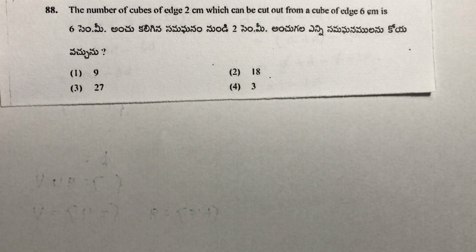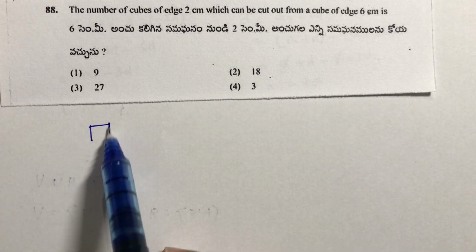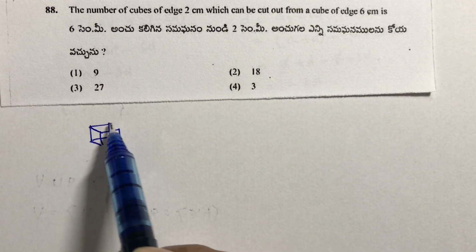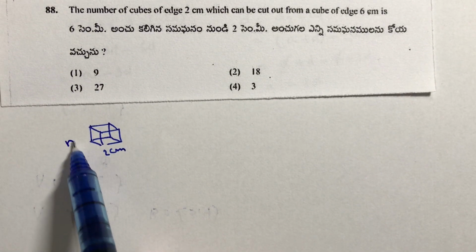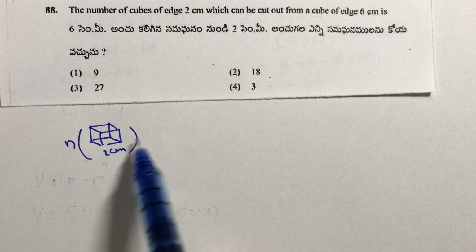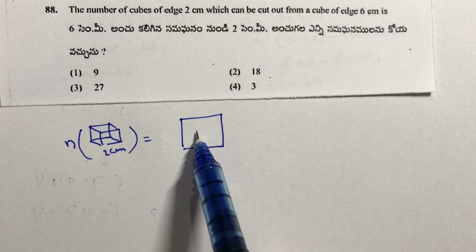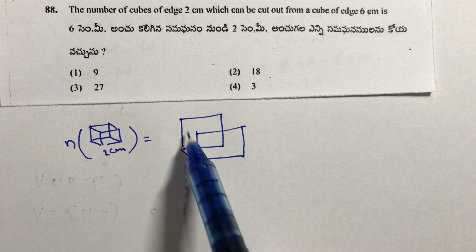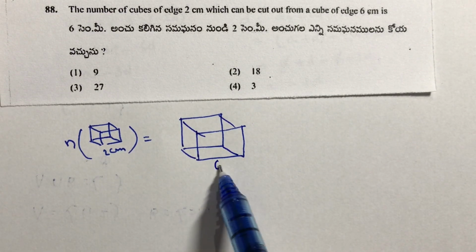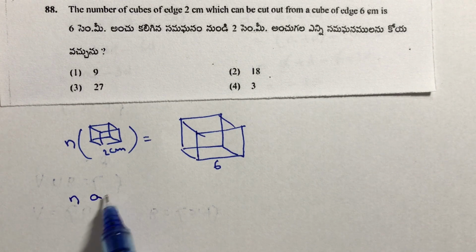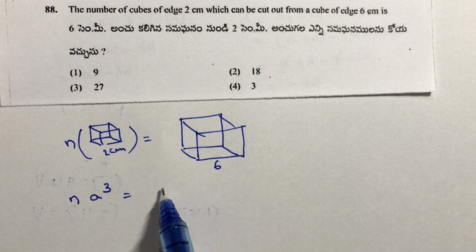The number of cubes of edge 2 centimeters that can be cut out from a cube of edge 6 centimeters. So here the volume will be the same. So n into a cube equals, I will take capital A cube.